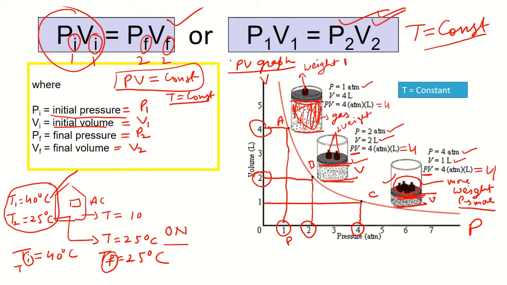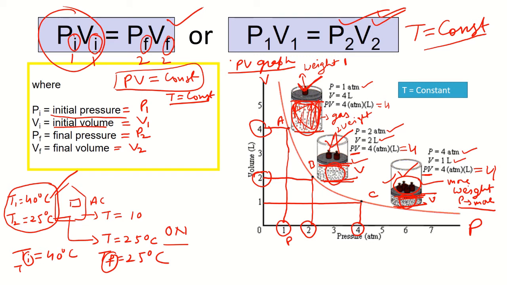In A, B and C, we are increasing the weight, so the pressure is increasing, and the volume is decreasing. This is very clear from this graph.